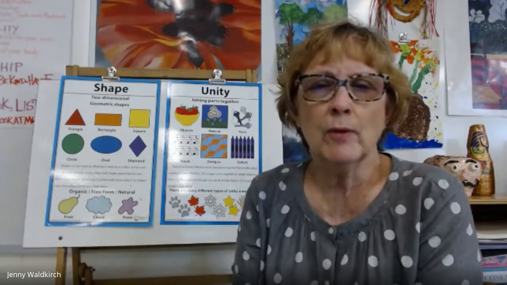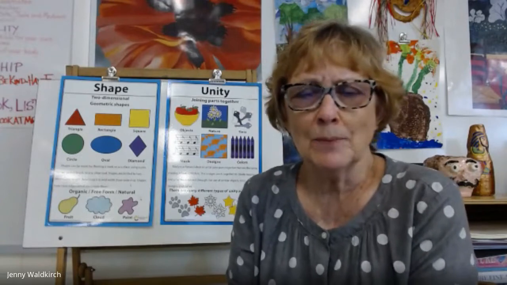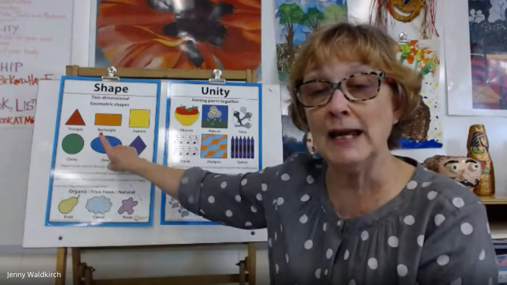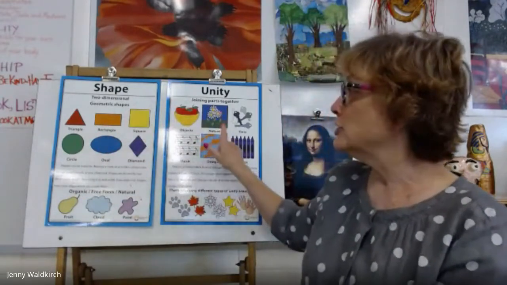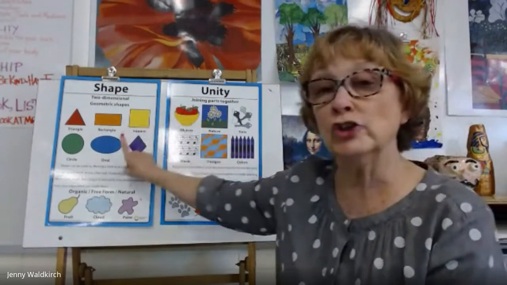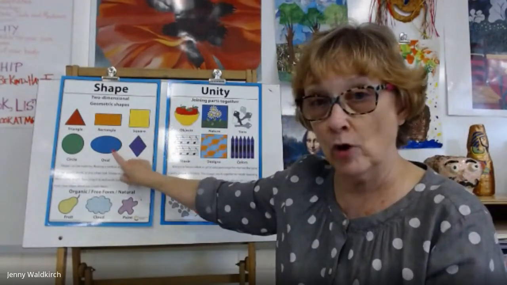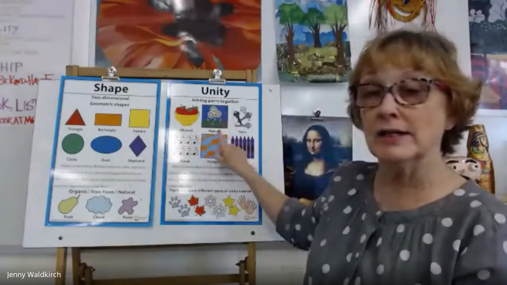So don't worry if you don't have pencils and paper and paints or pastels. We'll figure out a way for you to create an artistic composition using shapes and unity, remembering that shapes are elements of art and that unity is one of the principles or rules of art.